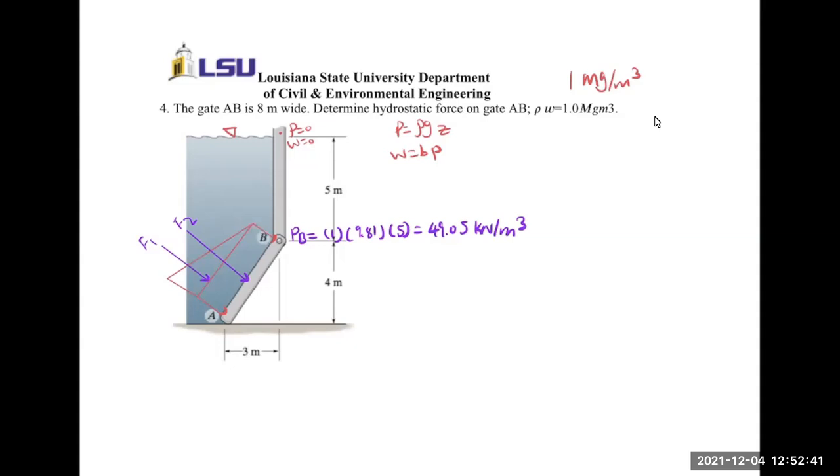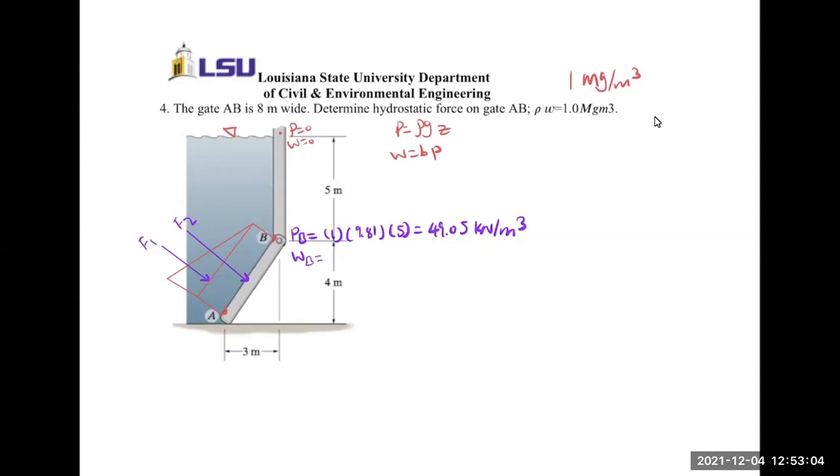Okay. All right, and then we have a weight at B. Weight at B will be the width of this plate multiplied by the pressure PB.